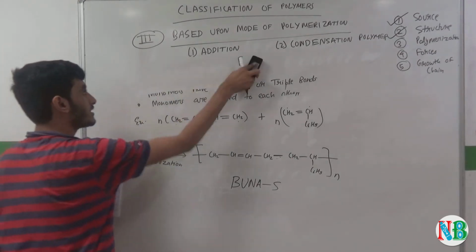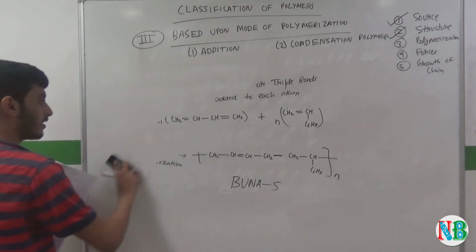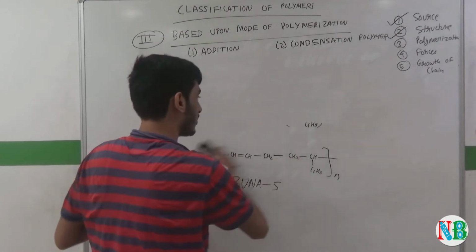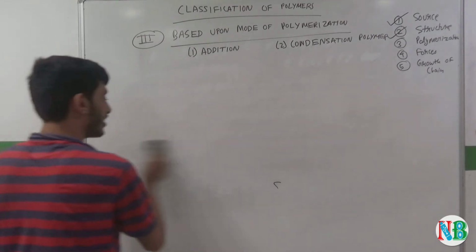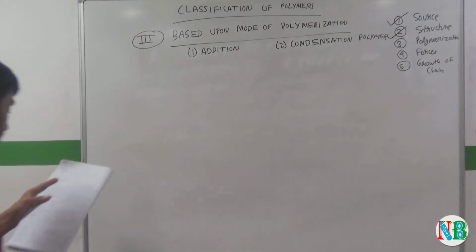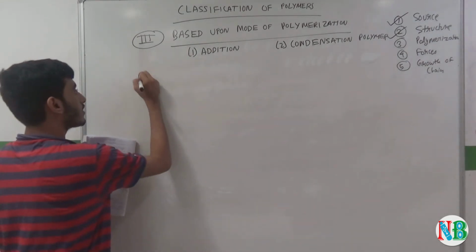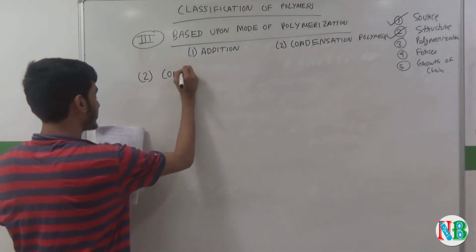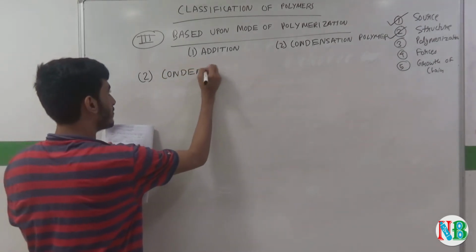Now let's learn about the second section under this, the second type, condensation polymer.